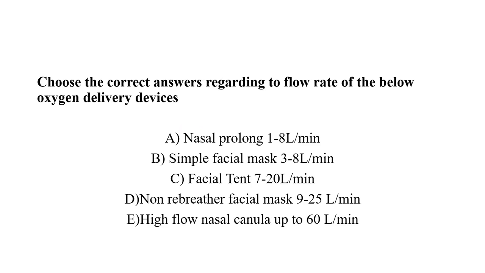Choose the correct answers regarding the flow rate of the below oxygen delivery devices. Nasal prongs, 1 to 8 liters. True or false? Facial mask, 3 to 8 liters. False.